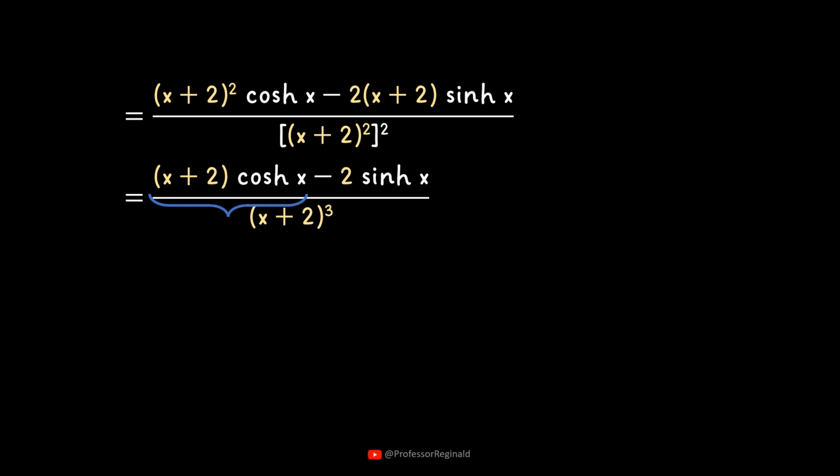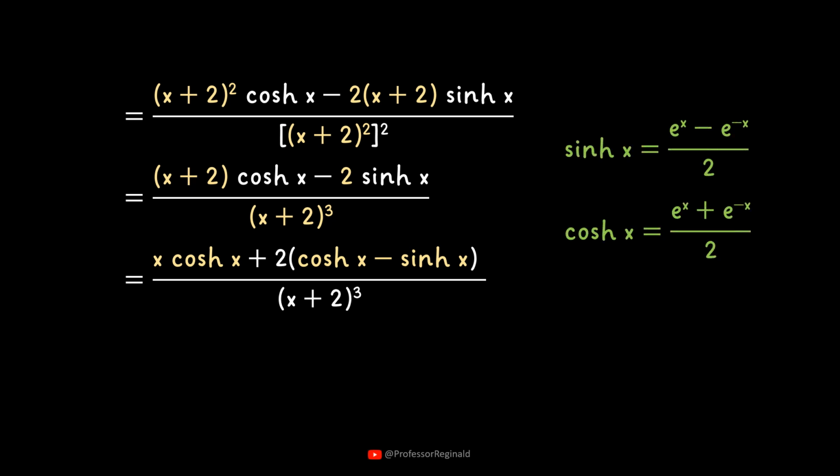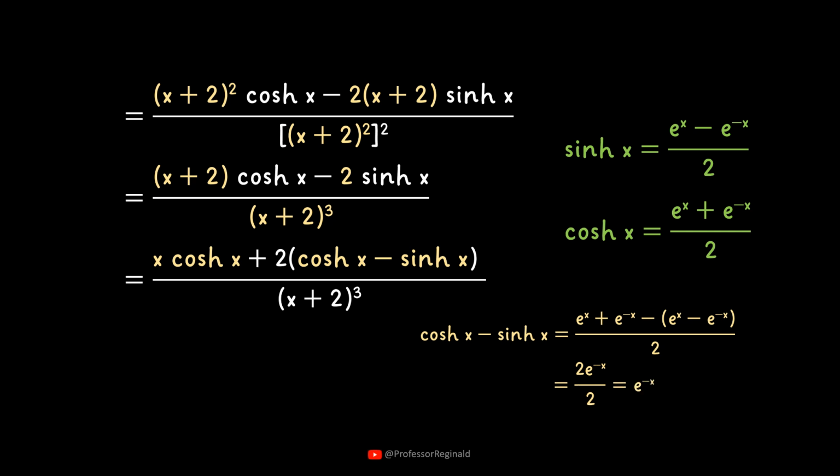Multiply the factors in the first term and then simplify further using the definition of hyperbolic functions. Hence, f prime of x equals the quantity x times the hyperbolic cosine of x plus 2 times e raised to negative x all over the cube of quantity x plus 2.